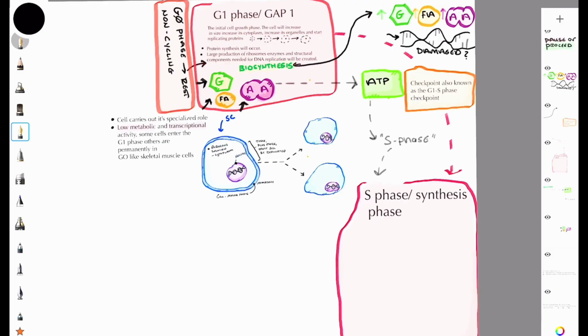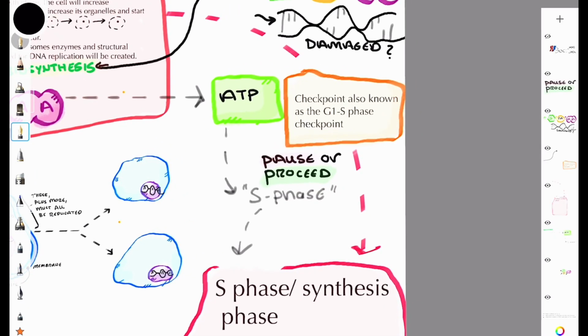So what happens is, before we move into that S phase, we have this checkpoint where we will say, okay, are we going to pause or are we going to proceed? And there's these enzymes. You don't need to know what it is for this class, but they're called cyclins, and they're called cyclin-dependent kinases. And these proteins regulate this transition.